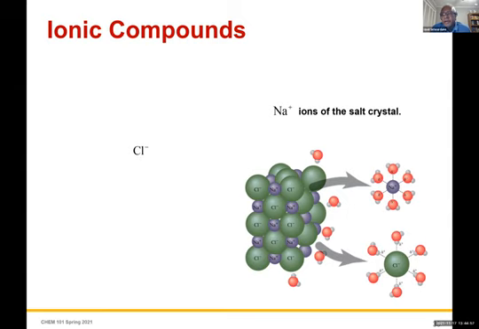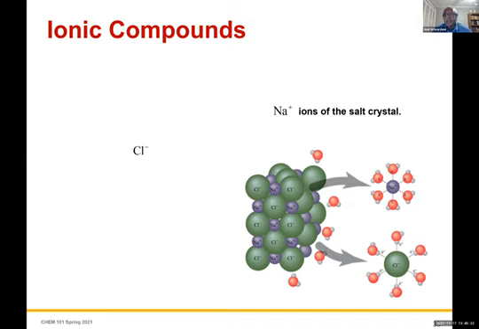The water is oriented so that its dipoles point towards the opposite charges. Sodium ions face the negative ends of the dipole. Chloride ions face the positive hydrogen side of the dipole.